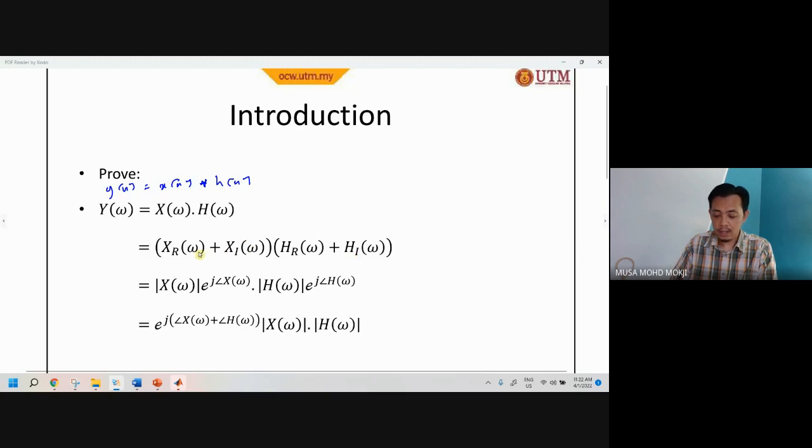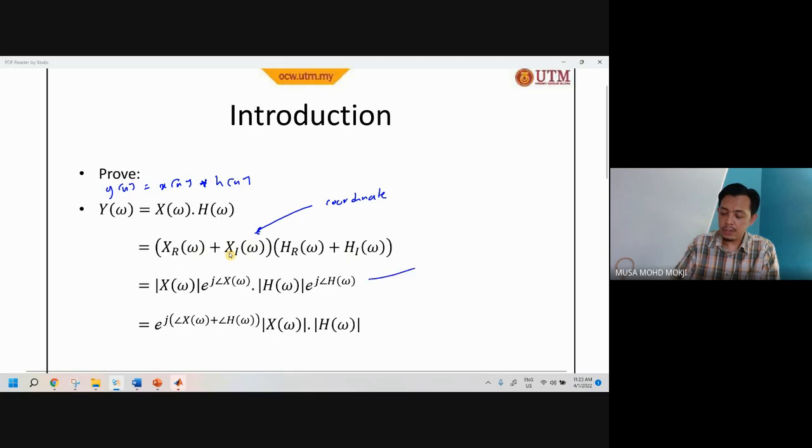And again, this form does not give really useful information. Mathematically, we call this the coordinate form, where we write it as real and imaginary.